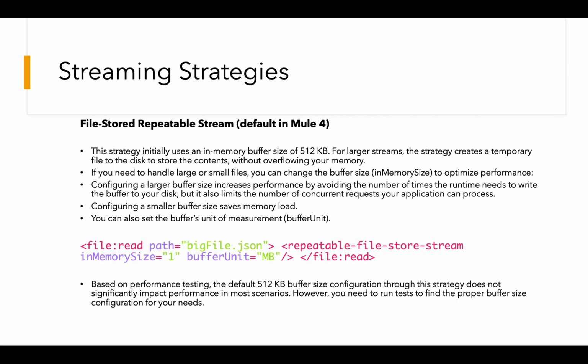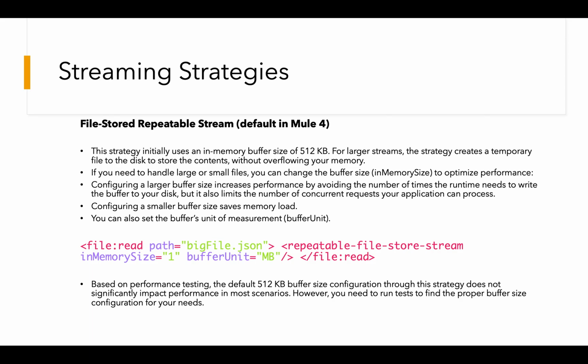Now, streaming strategies. So, file stored repeatable stream, that is default in Mule 4. It is having an in-memory buffer of 512 KB. For larger streams, it creates a temporary file to the disk to store the content without overflowing your memory. So, what does it mean?